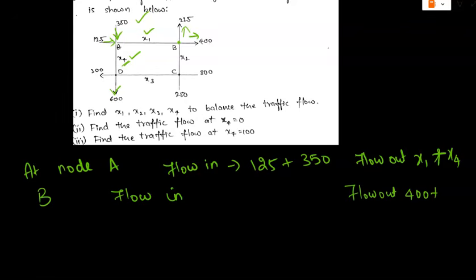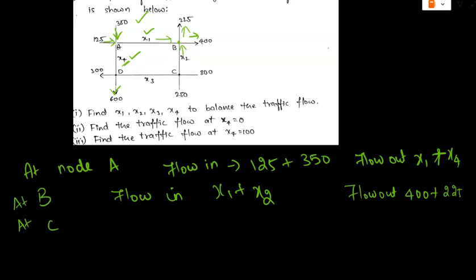This 225 is also going out. So I'll write 400 plus 225 at the point B. And what is coming towards B? x1 and x2 are coming towards B. So your flow in is x1 plus x2 at the node B.